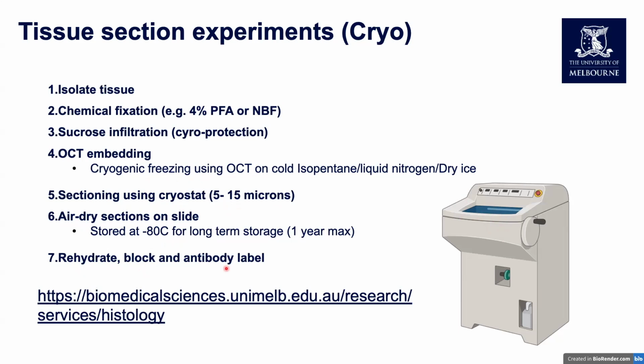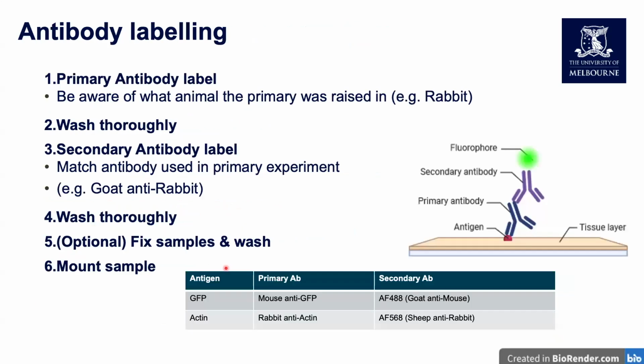For each of those three examples I've just gone through, we haven't gone through the antibody labeling in detail, so that's the one thing I wanted to cover in this next slide. When we're wanting to do our antibody labeling, in this case we're doing an indirect immunofluorescence assay. We have our primary antibody here, which is detecting our protein of interest.